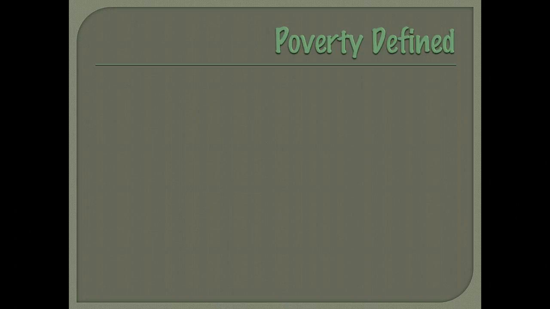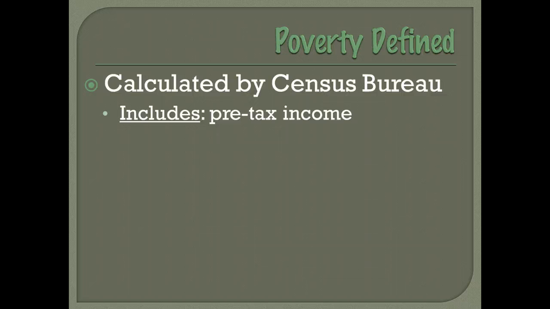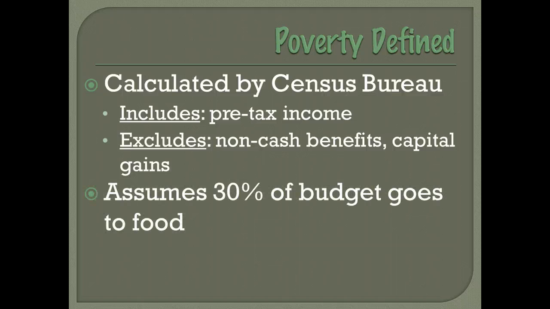Poverty is a number that is calculated by the Census Bureau, and it includes people's pre-tax income, excluding any benefits that they may get from the government or capital gains or any other source of income other than salaries. It makes an assumption that you spend about 30% of your budget on food.